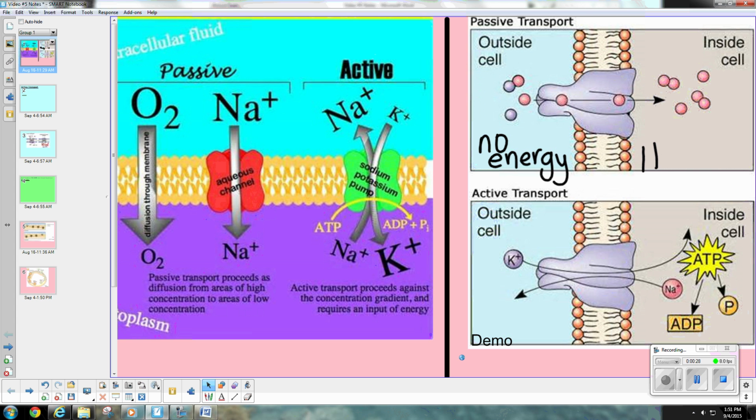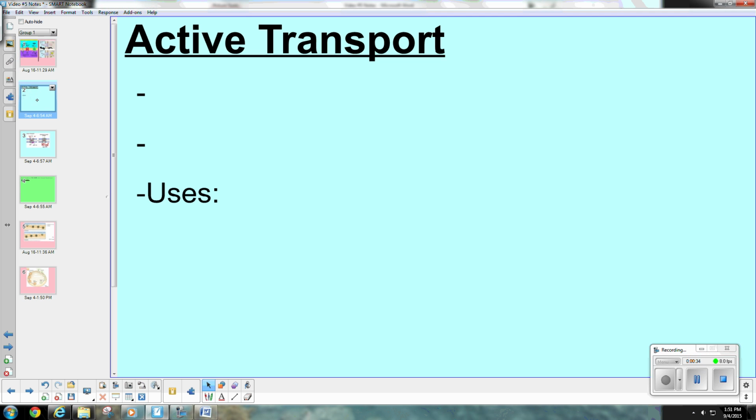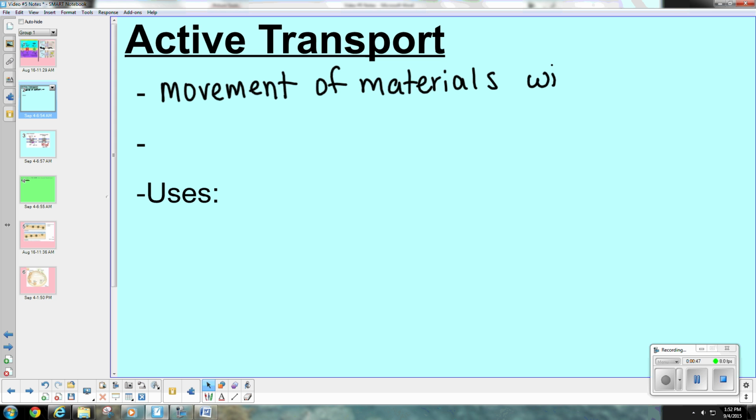But active transport is the movement of materials across the cell membrane with the use of energy.